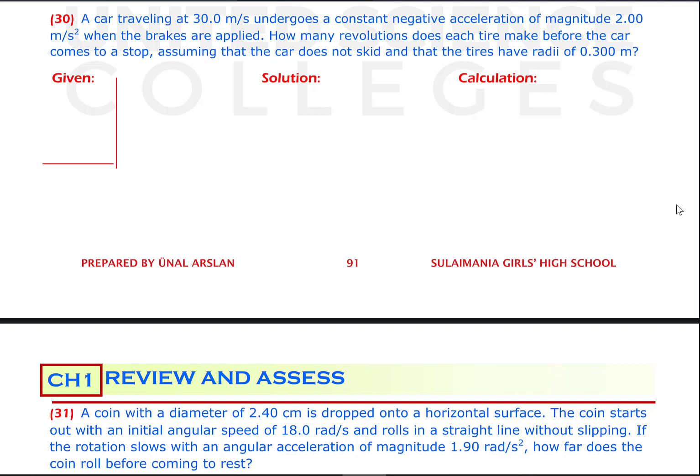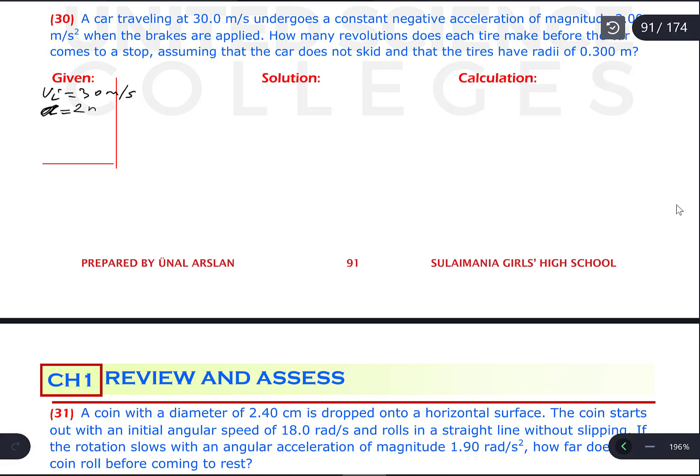So initially speed of the car is given as 30 meters per second and undergoes a constant negative acceleration. Linear acceleration of the car is given as 2 meters per second squared, but because it is constant negative, I will write negative 2 meters per second squared when the brakes are applied.